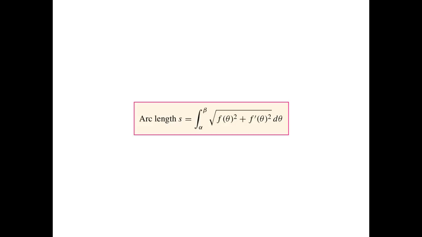If you're looking for arc length in polar coordinates, you're going from theta equal alpha to theta equal beta, and I think this looks very close to basically what we had before. Square root of f squared plus f prime squared. I don't think it's the same thing, but it's not too far distant from that.